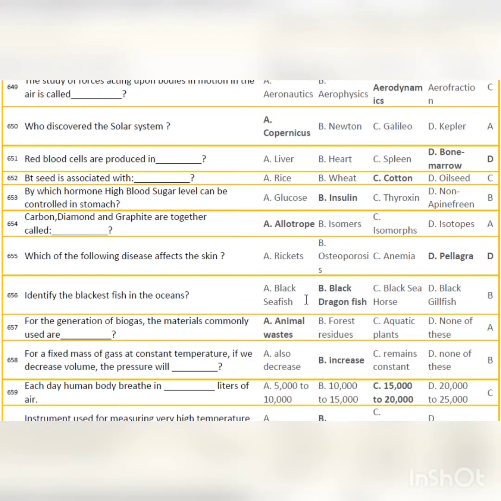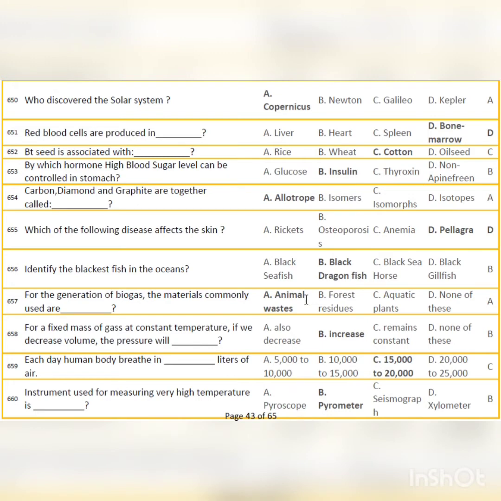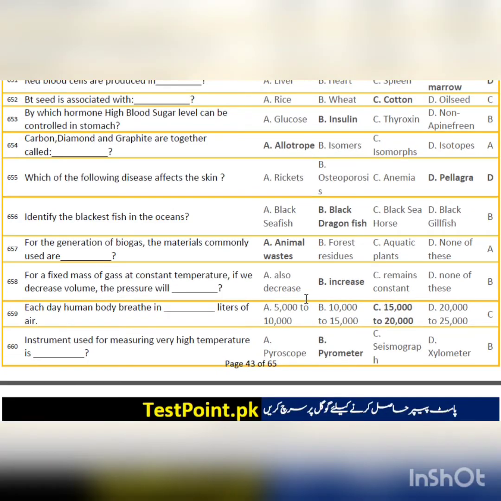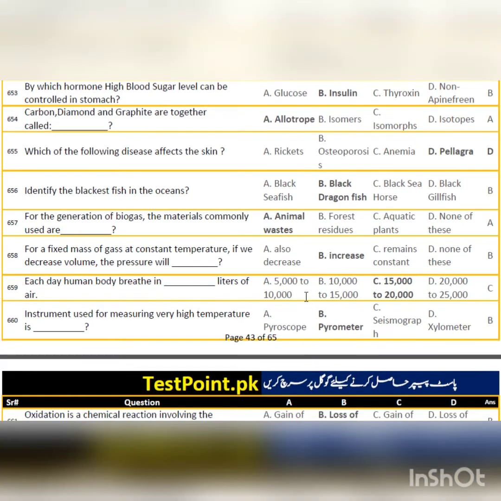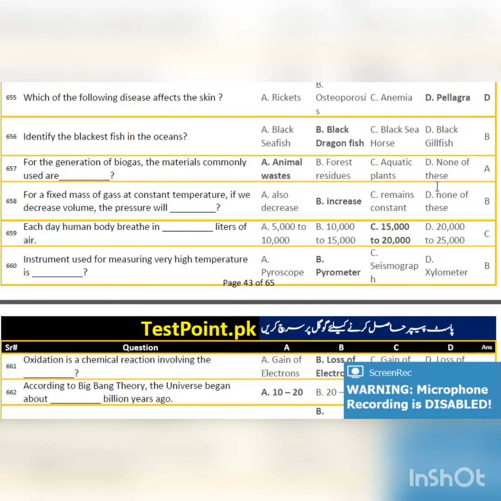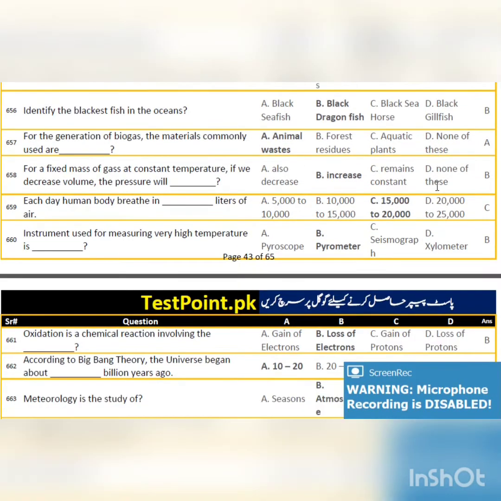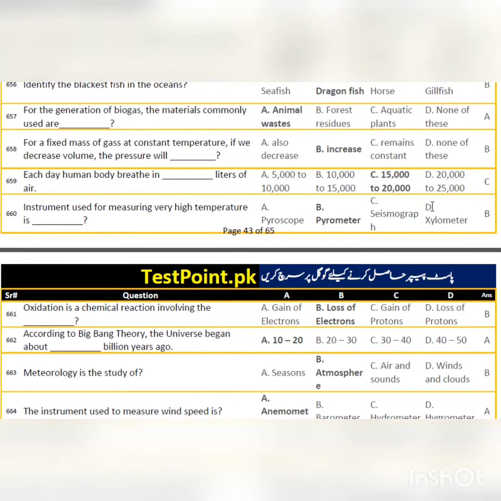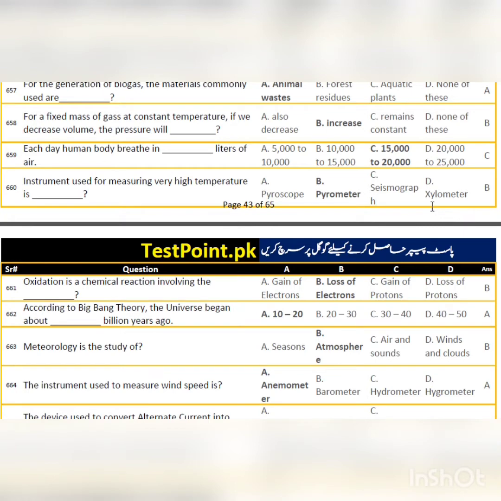A. most harmful greenhouse gases, B. ozone depleting substances, C. persistent organic pollutants, D. None of the above. Answer is C. Persistent organic pollutants.